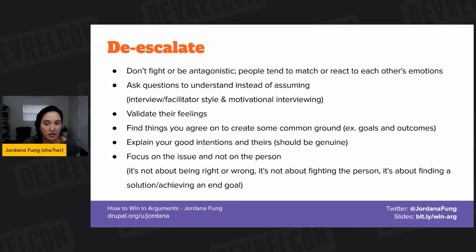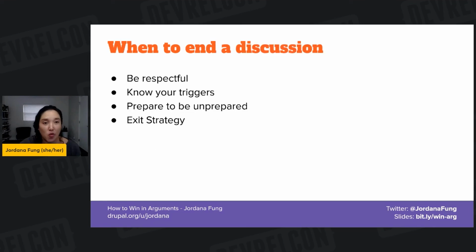Ask questions to better understand the situation and the person instead of assuming things, validating their feelings. And try to get to a common ground. So focusing on the issue at hand and not on the person is also a good way of calming. But then we should also know when to end the discussion.